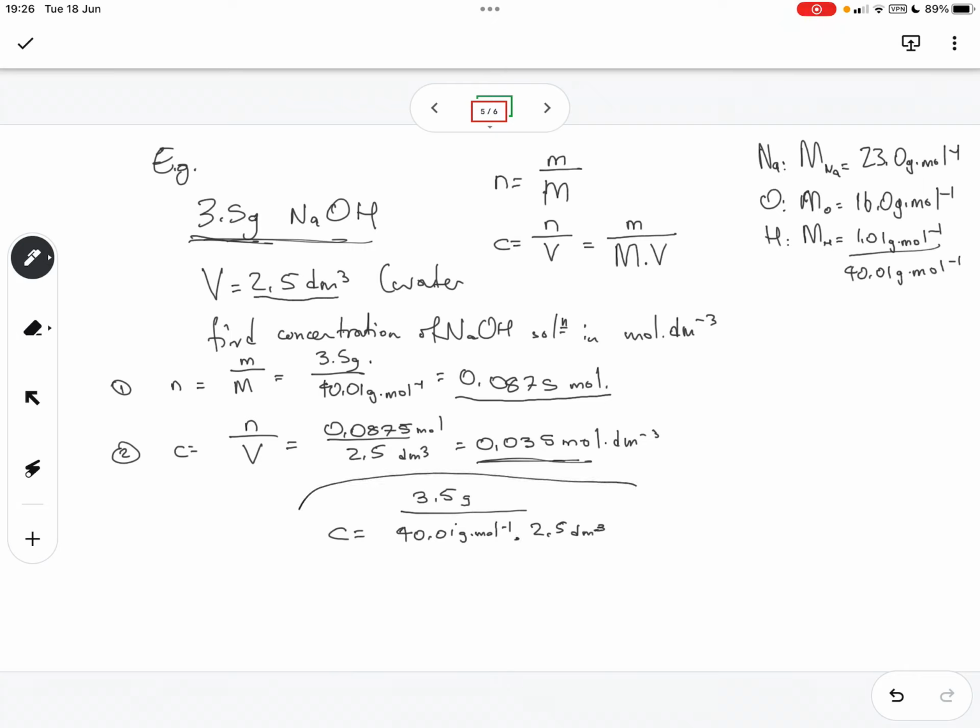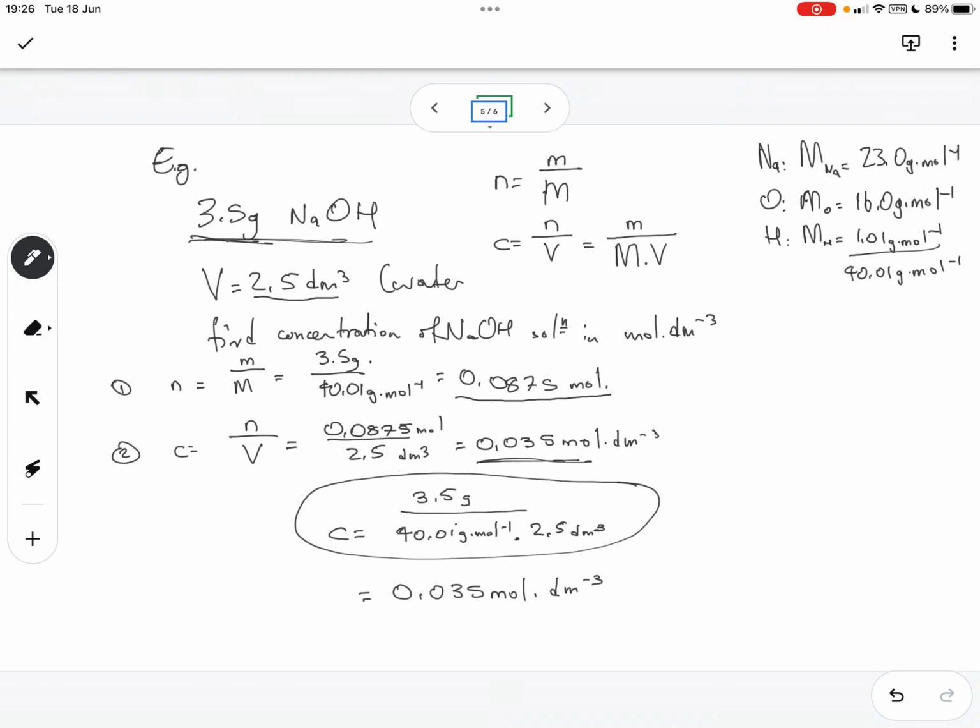Even if we had gone with this substitution from the word go, we would still get the same answer, and our concentration would be 0.035 moles per dm cubed.